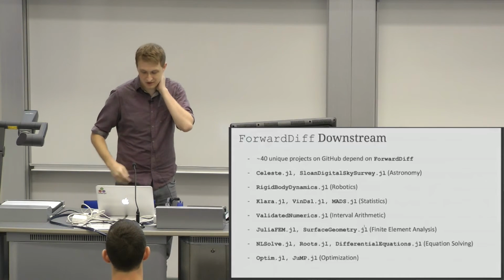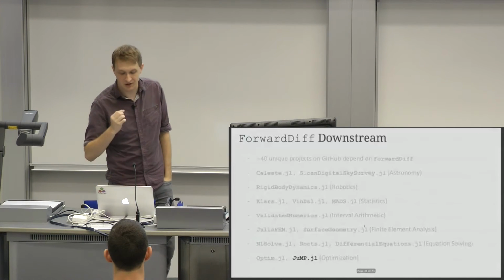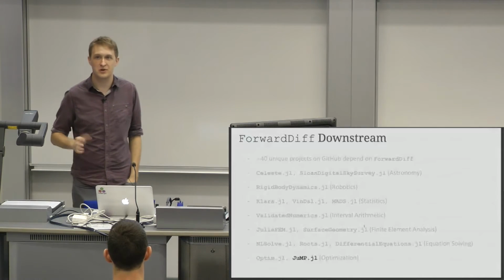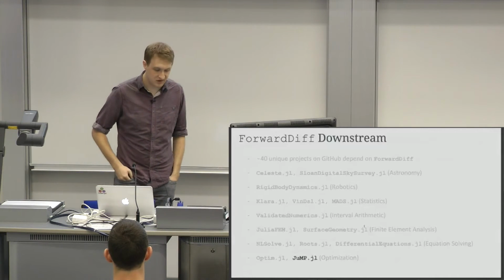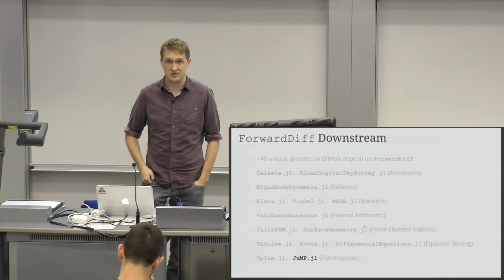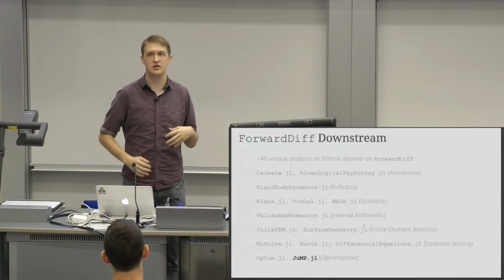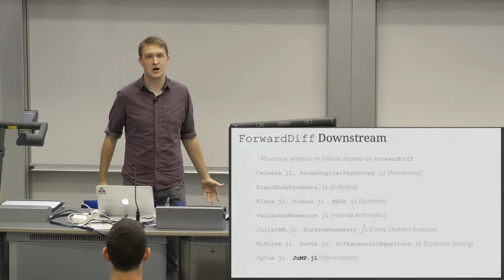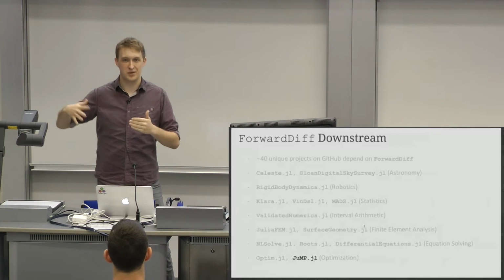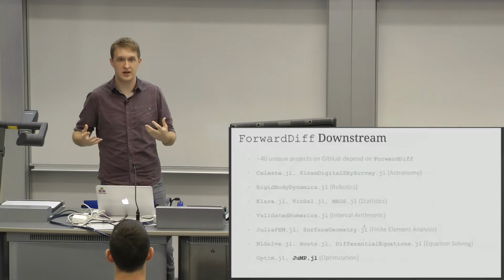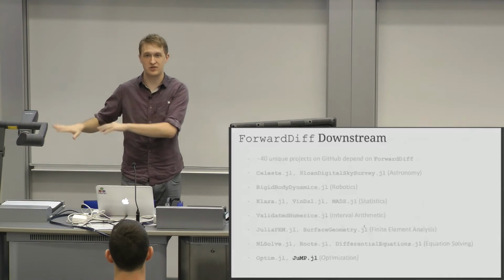Specifically, I work with a guy called Miles Lubin at the Operations Research Center at MIT, and he works on JuMP, which is, I would say, one of Julia's most successful projects in the ecosystem to date. JuMP is a modeling language for optimization problems. You use this nice JuMP syntax from within Julia to define an optimization problem, and then JuMP will perform automatic differentiation on the JuMP syntax to extract gradient and Hessian information that it can then box up and send to numeric solvers for you.